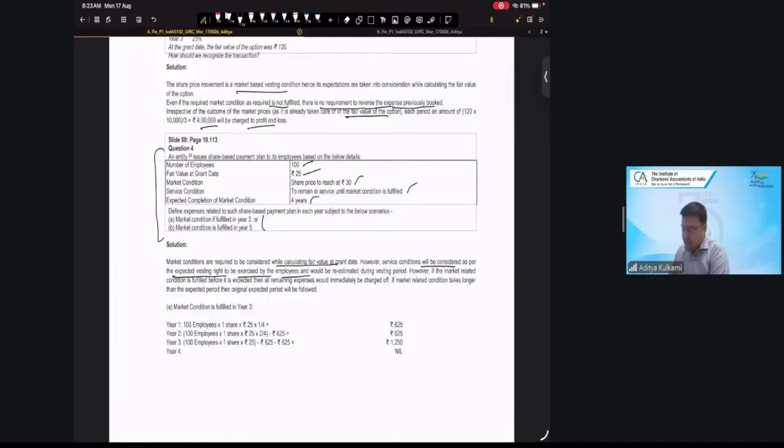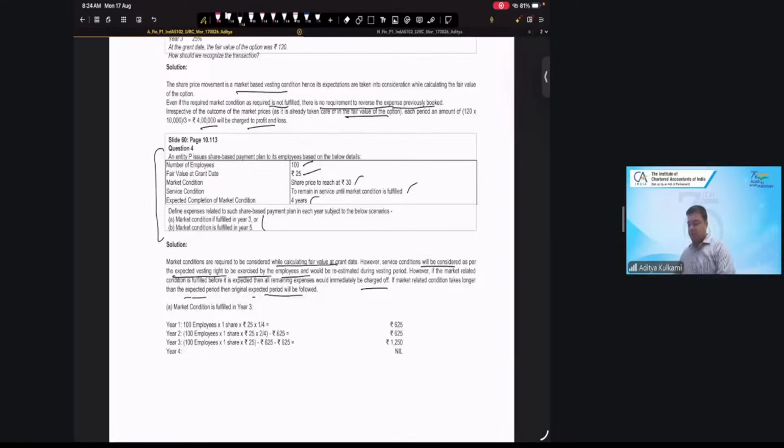However, if the market related condition is fulfilled before it is expected, then all remaining expenses would be immediately charged off. If market related conditions take longer than the expected period, then the original expected period will be followed.